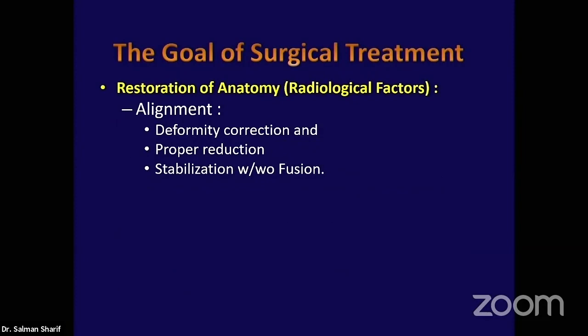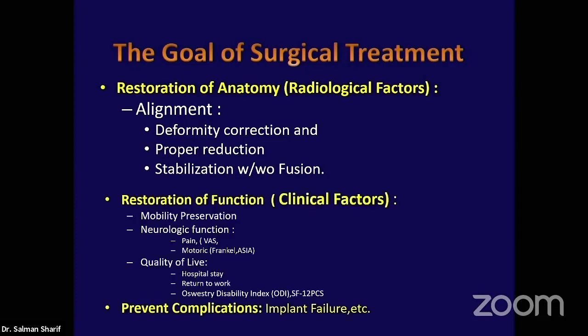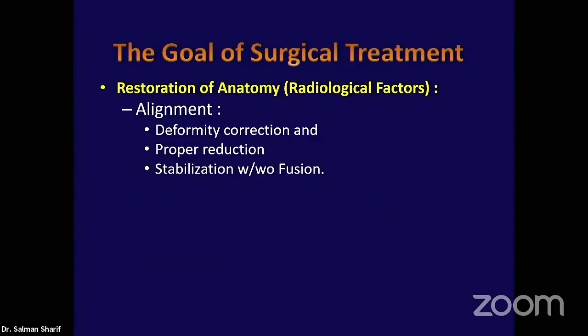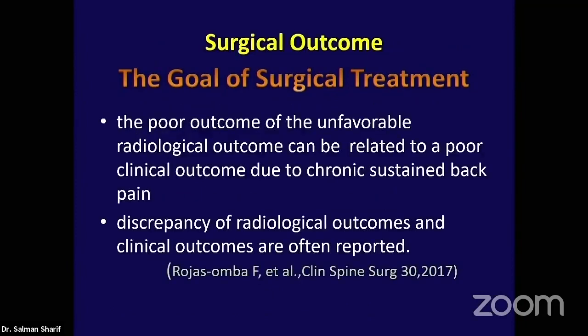So the goal of surgical treatment, first, is restoration of anatomy. It includes, in radiological terms, alignment, deformity correction, proper reduction, stabilization with or without fusion, restoration of function, which is a clinical factor already mentioned by Professor Salman, and prevention of complications. We will discuss this.